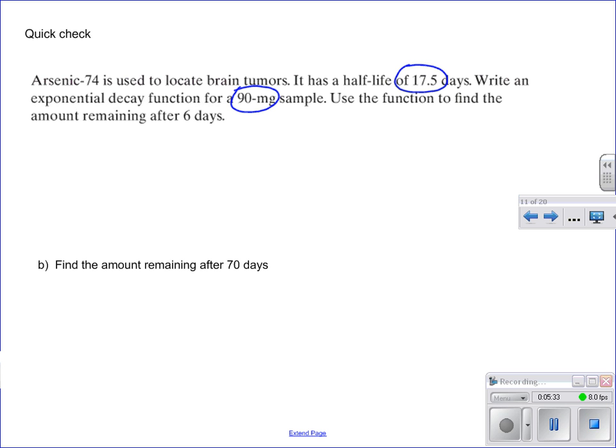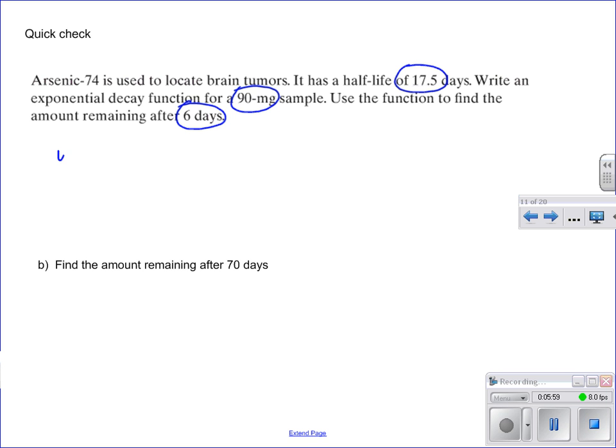The 90 milligram sample to start means something. How much is remaining after 6 days? If I only watched it for 6 days, there had better be quite a bit left. If it got chopped in half, it would be 45 milligrams. So it's got to be somewhere between 45 and 90, probably closer to 90.